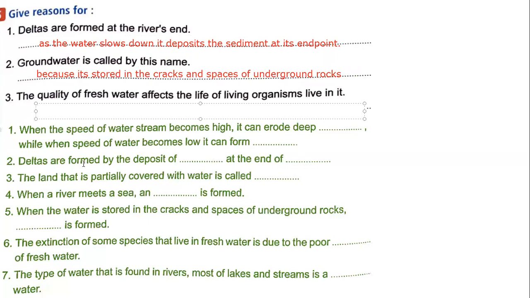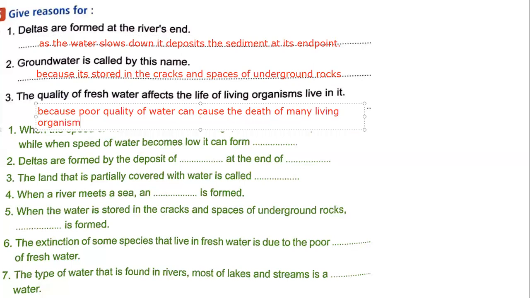The quality of fresh water affects the life of living organisms because poor quality of water can cause the death of many living organisms and the extinction of some, or you can say extinction of amphibians.